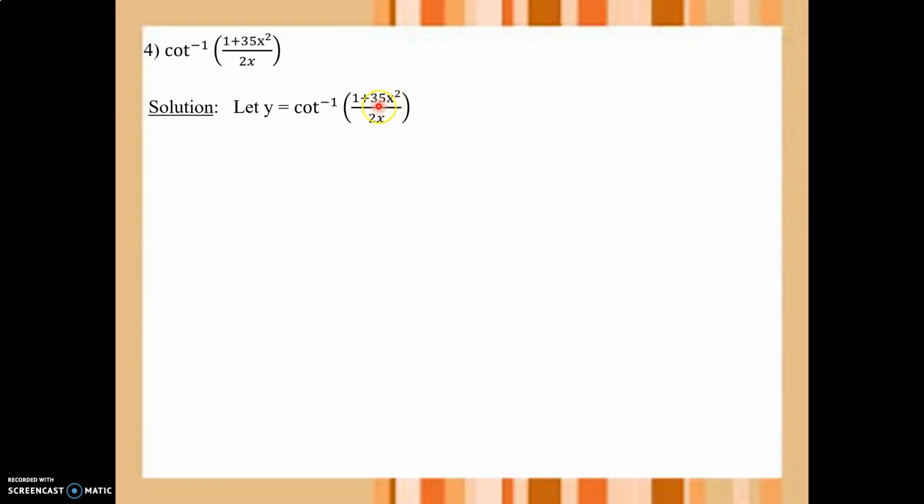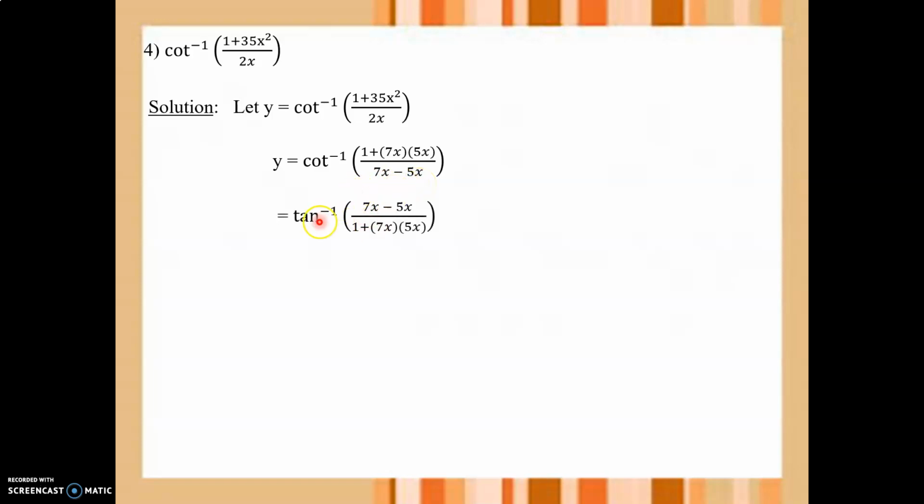The factors of 35 must satisfy this condition. So 5x into 7x will give 35x square, and 7x minus 5x is 2x. So we can change this term as 1 plus 7x into 5x upon 7x minus 5x.